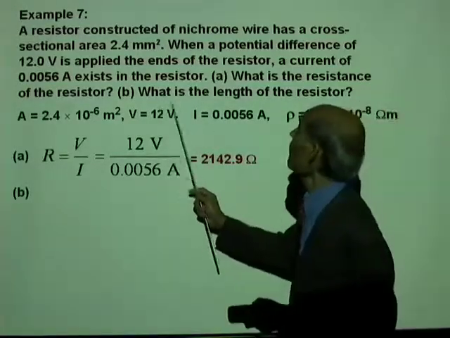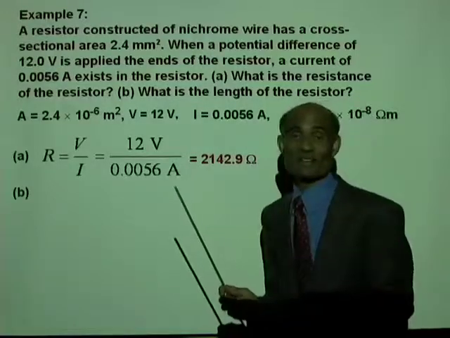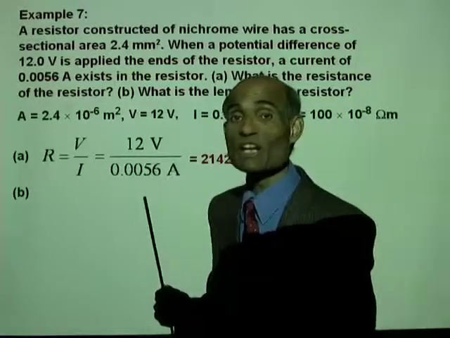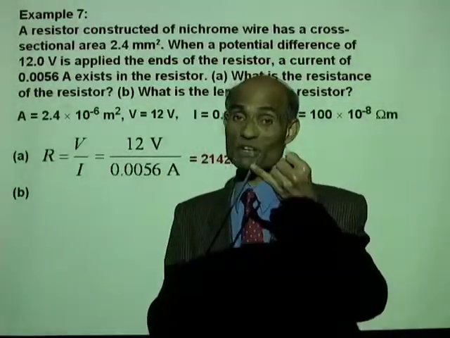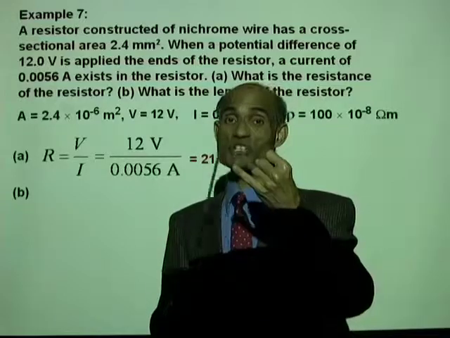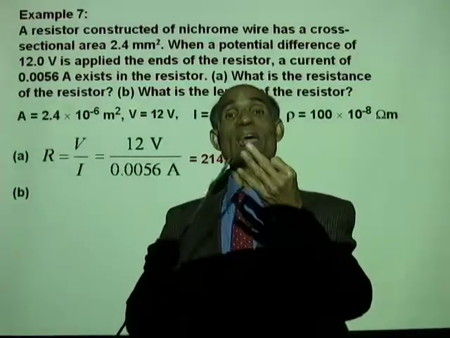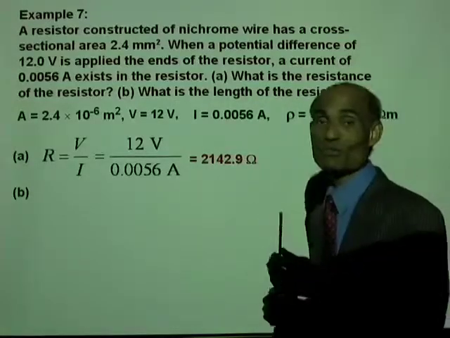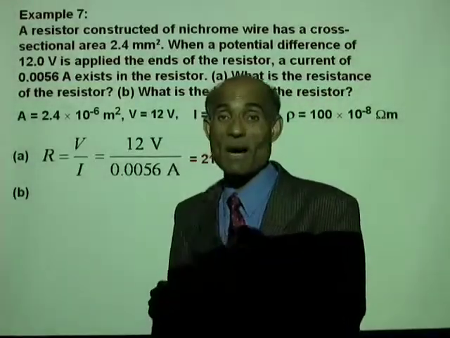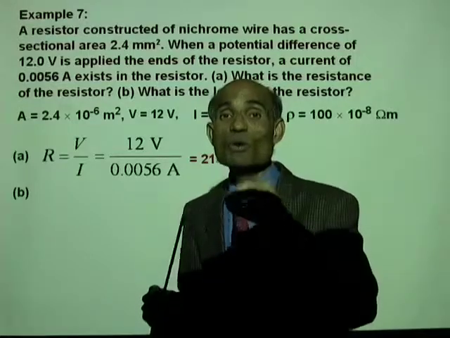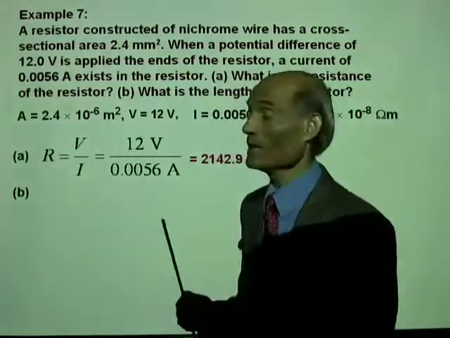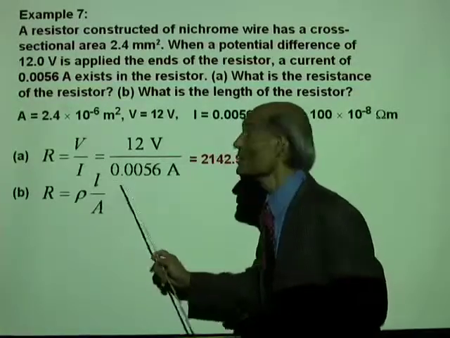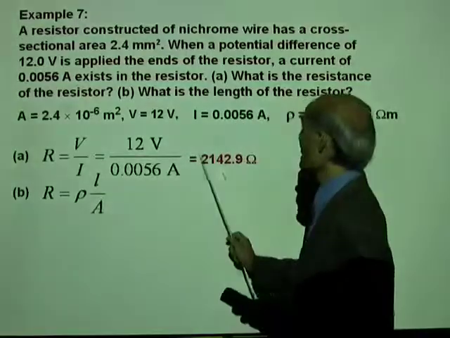Alright, B, what is the length of the resistor? Well, we now have to recall the equation that connects the resistance of a conductor, how the resistance is related to length, area of cross-section and resistivity. Can you recall that equation? R equal to rho L over A. We have the resistance, we just calculated.